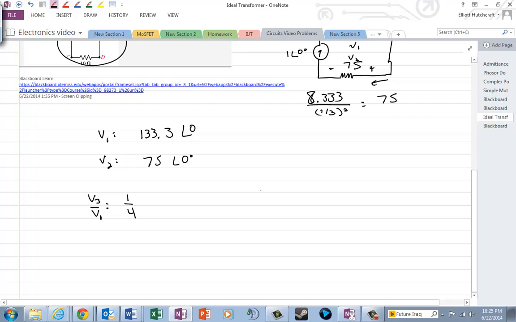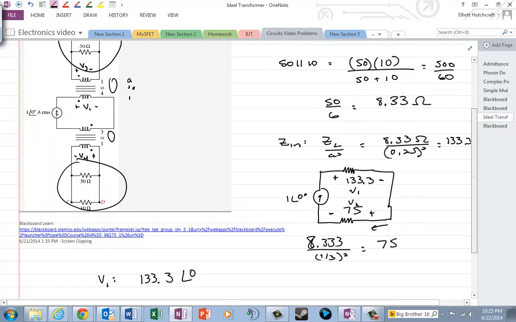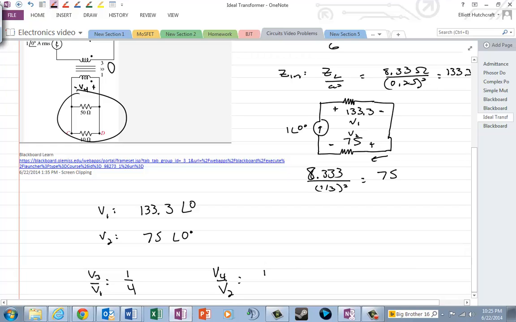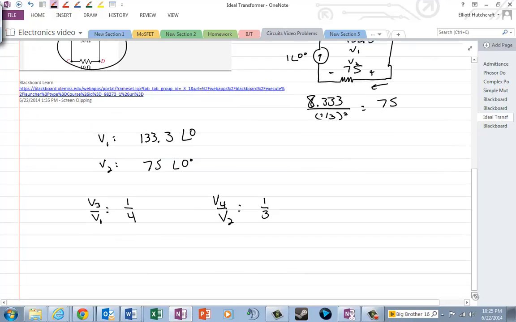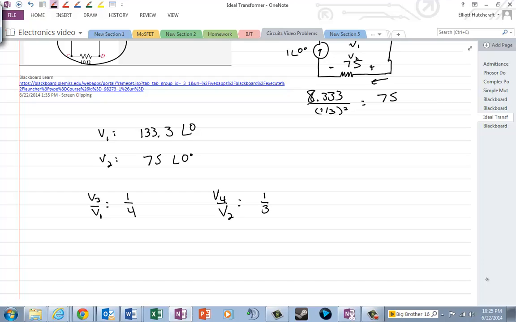And my other equation is V4 over V2 is equal to 1 to 3. And that's because I've used that proper form for the dot convention being with the plus sign.